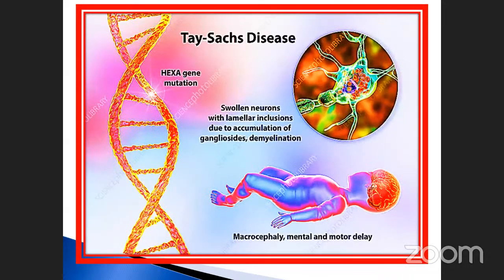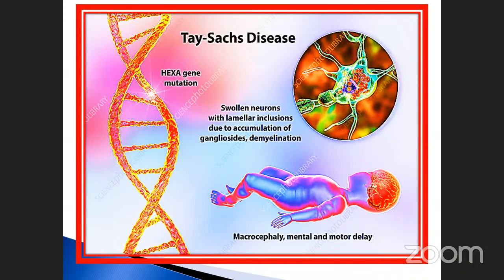See here. In Tay-Sachs disease, the HEXA gene mutation is on the 6th chromosome. Hexa means 6. There are swollen neurons with lamellar inclusions due to the accumulation of gangliosides, and demyelination. Demyelination is the removal of the myelin sheath from which cells?